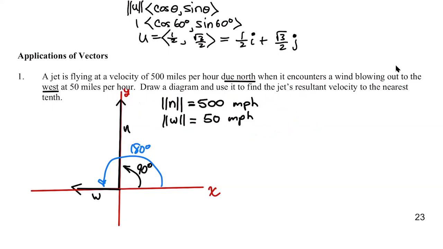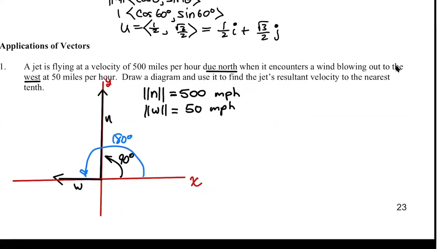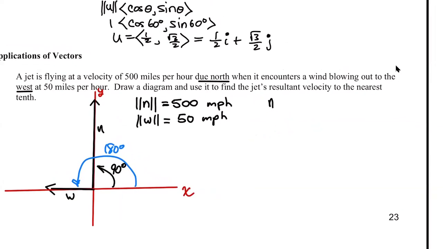All right. So I have those two pieces of information, and now what I can do is get the component form of vector N. So N is going to be equal to 500 times the cosine of 90, comma, the sine of 90.